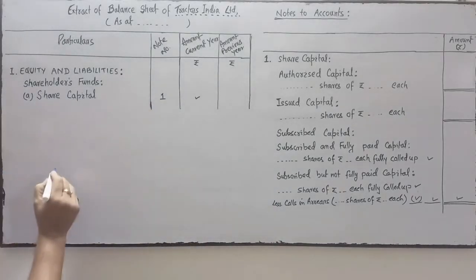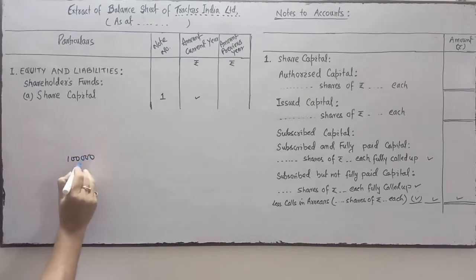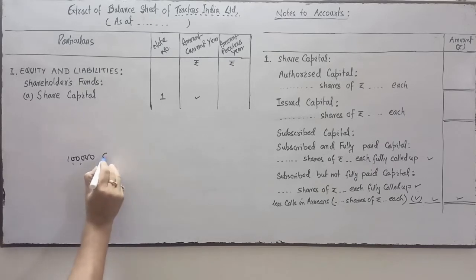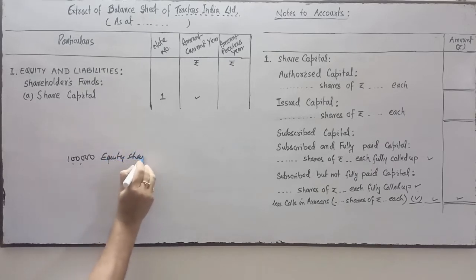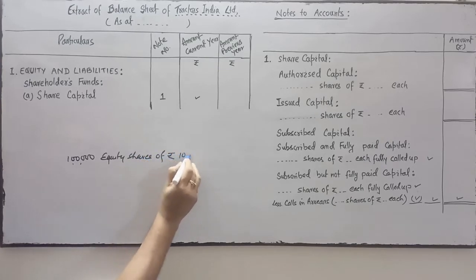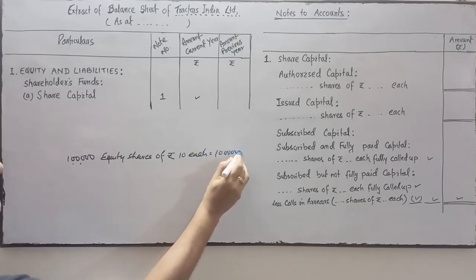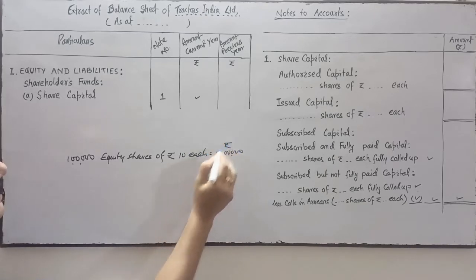So Tractors India Limited is registered with an authorized capital of rupees 10 lakhs, and this 10 lakh is divided into 1 lakh equity shares of rupees 10 each. So how much is it? It is 10 lakhs.